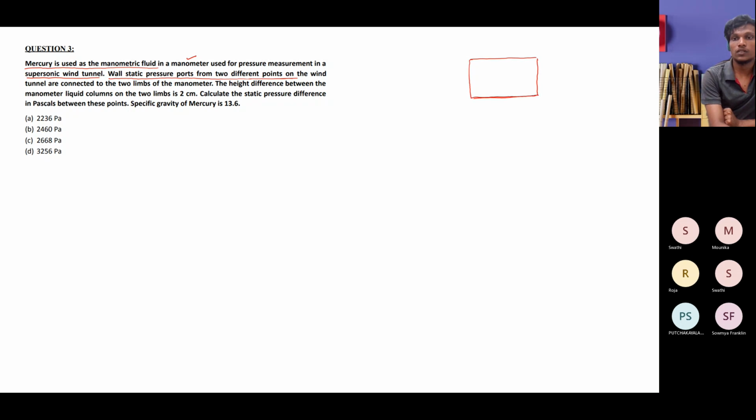Say this is your test section, and you would normally get a convergent divergent section. That's the difference. So let's assume only this is the supersonic test section, and you have ports here.